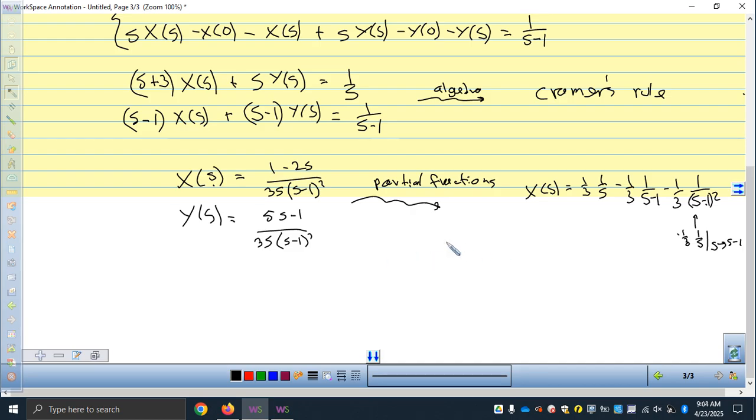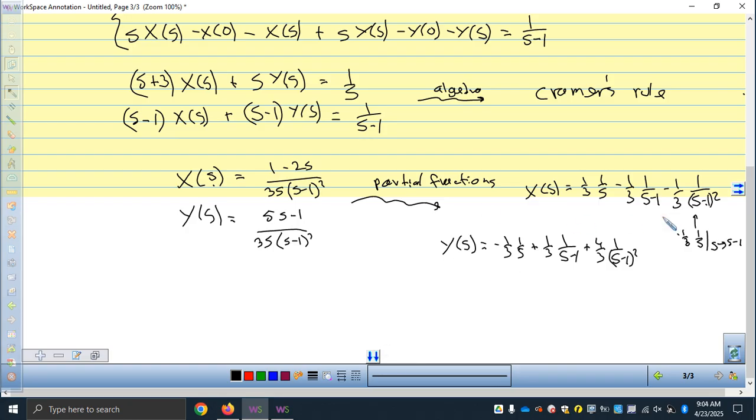And we get y of s equals minus 1/3 1 over s plus 1/3 1 over s minus 1 plus 4/3 1 over s minus 1 squared. And again, we can think of this as 4/3 times 1 over s, and we're evaluating that at s minus 1.